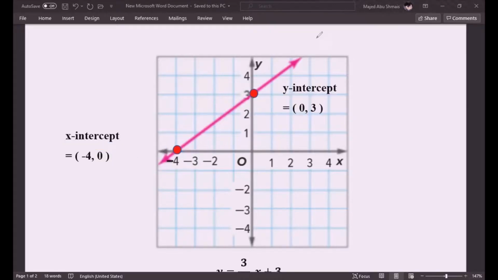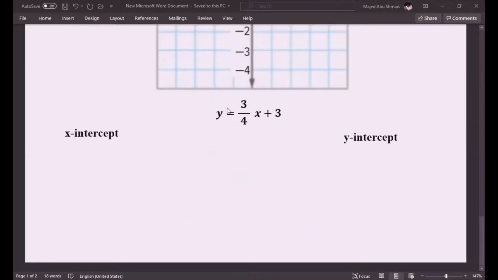But how can we find the x and y intercepts for an equation like this one here? Actually, we are going to use the rule from the above result to do that. Here's how to do it. It only takes us 2 steps, just 2 steps.